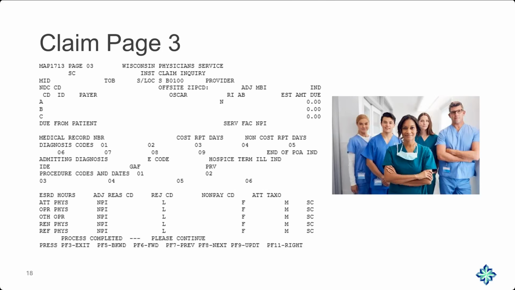Page 3 of the claim is used to add information like diagnosis codes, procedure codes, physician details, payer information, and estimated amounts due from the patient.